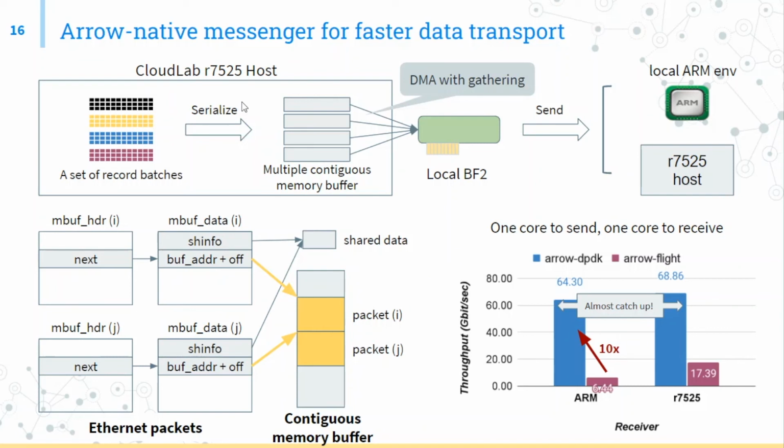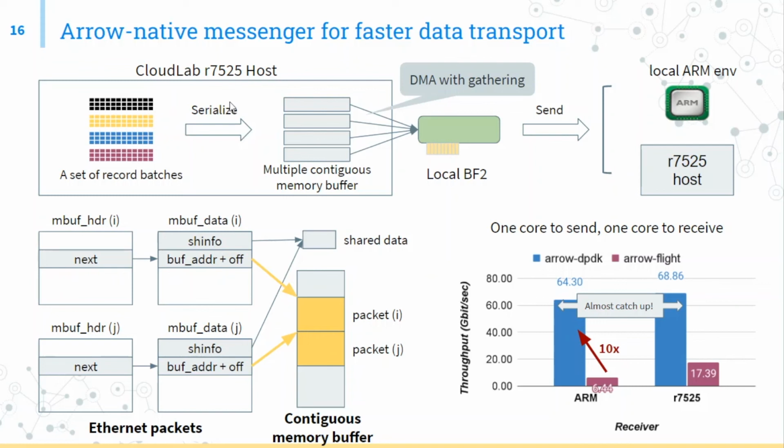Therefore, I propose an Arrow-native messenger for faster data transport, which aims to be significantly faster than the current implementation of Arrow Flight. This messenger will use DPDK or RDMA as the transport and leverage capabilities of the SmartNICs, including scatter-gather and possibly the compression and decompression hardware engines available in some SmartNICs, for example, the BlueField-2 SmartNIC.